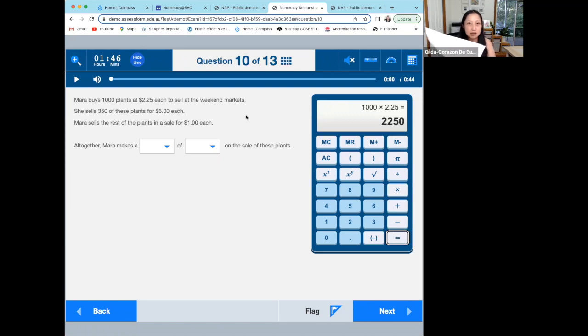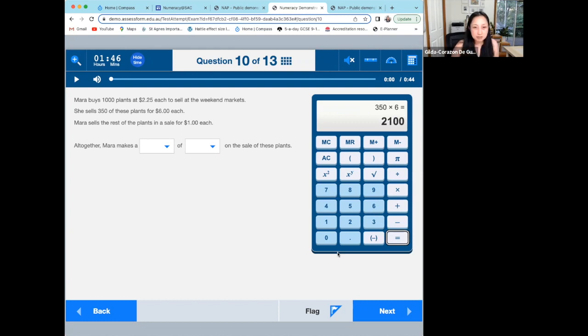Okay, so we know that she spent 2,250. So maybe you want to write it down on your piece of paper. You go 2,250. And we calculate, the next one says she sells 350 of these plants for $6 each. So we go 350 times $6, and you get 2,100, right?